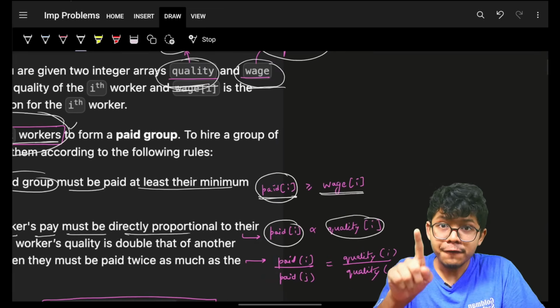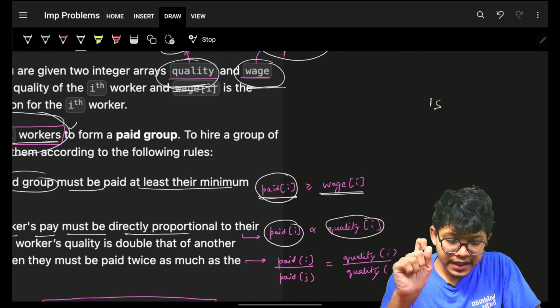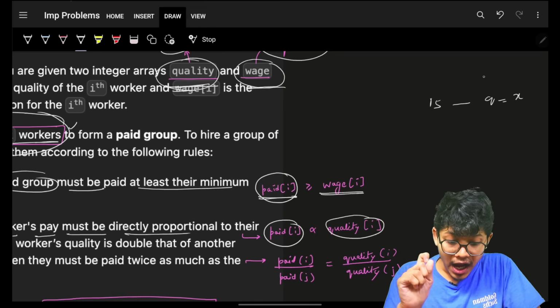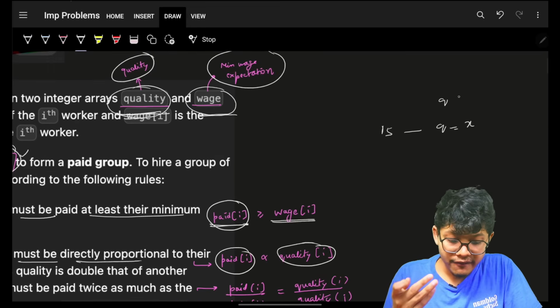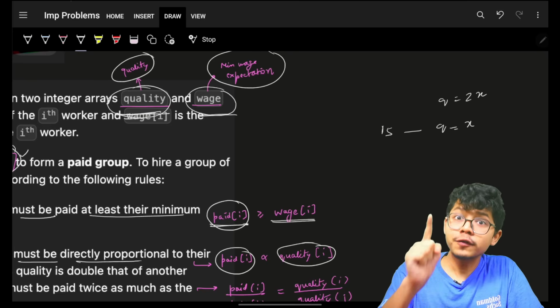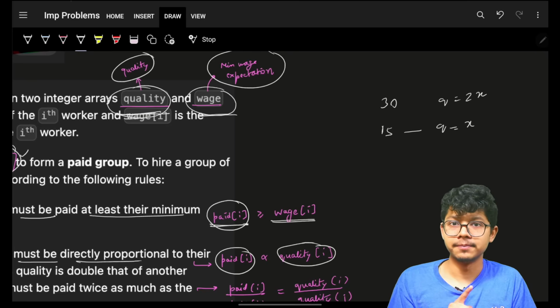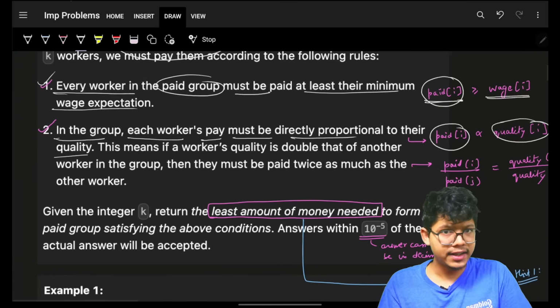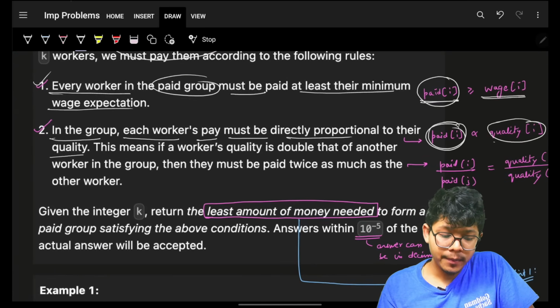Let's say if you are getting 15 lakh per annum and you have, let's say, qualities X, but another person having a quality of 2X should for sure be getting 30 lakh per annum. Thus, the company has to maintain this bar. So this is exactly what they are saying, that the pay should be directly proportional to the quality.